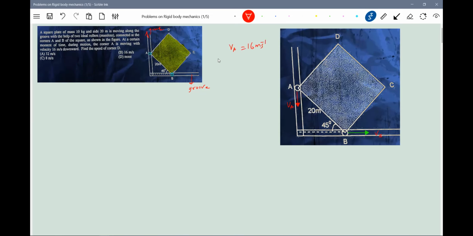Can we get VB? I think the constraint equation. Everyone knows, this angle will be 45 degrees. So VA cos 45... VA sine 45 should be equal to VB cos 45.